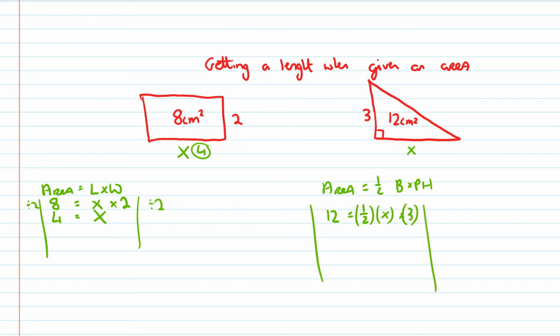I want to find x on its own, so I'll divide this side by a half first, and I'll have x multiplied by 3 left over. I need to divide this by a half, and I get 24. I need to divide this side by 3, and I'll just be left with the x, and then divide 24 by 3, and I'll be left with 8. So x is 8.